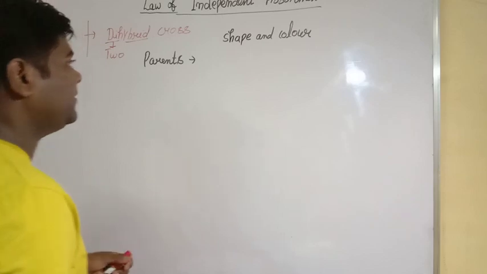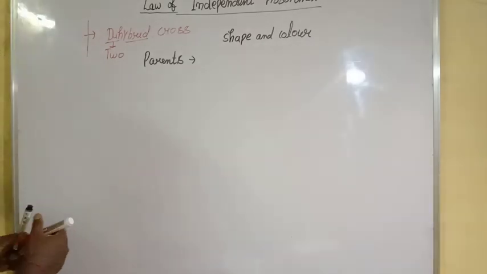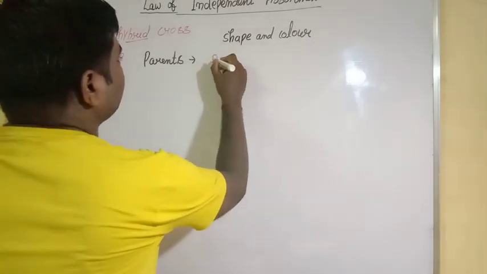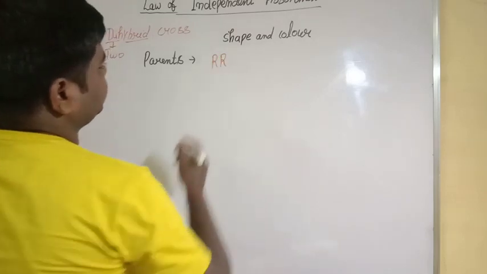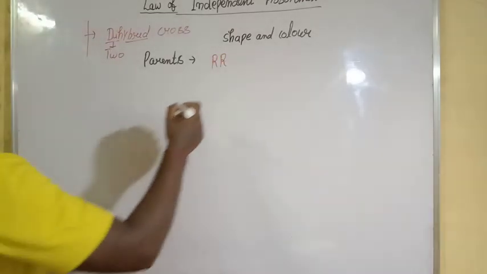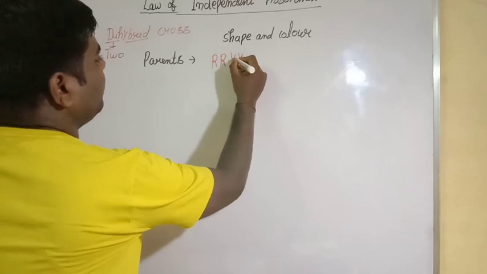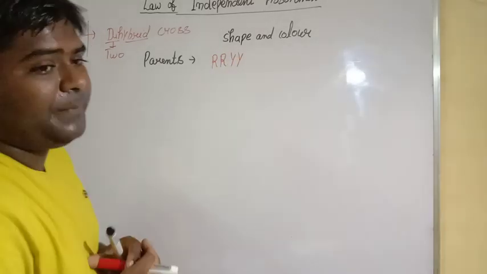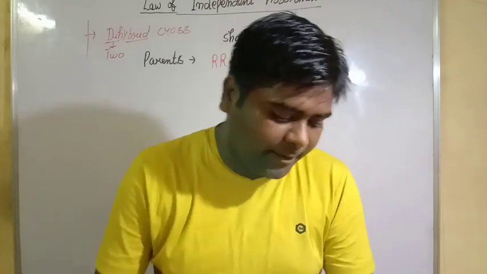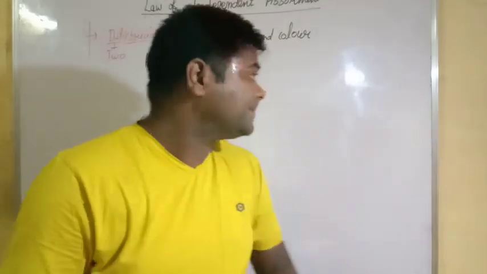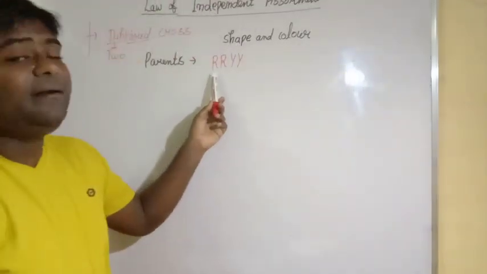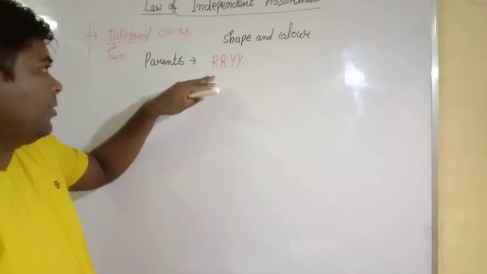So take that one. For the shape, that is round, and for the color, that is yellow. Yellow is dominant. Remember that table at the beginning of this chapter, the contrasting traits.